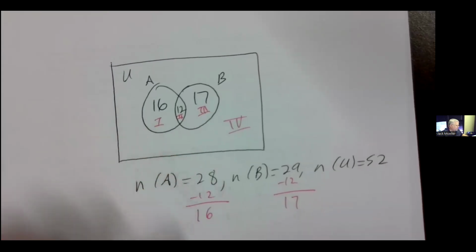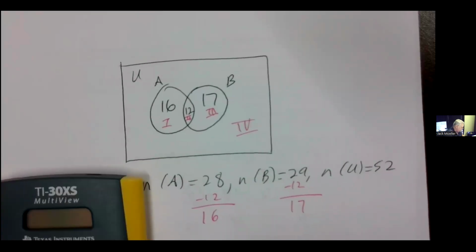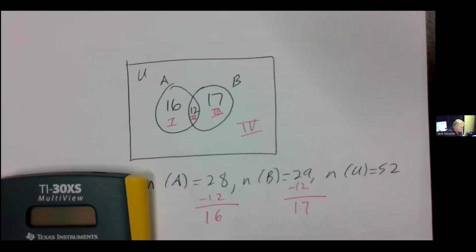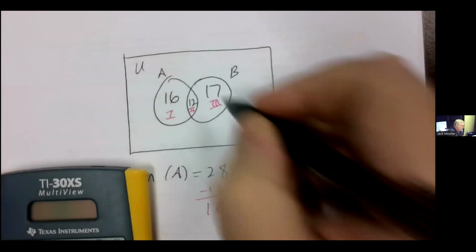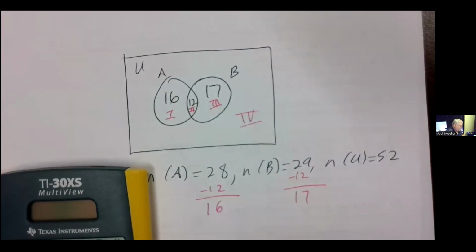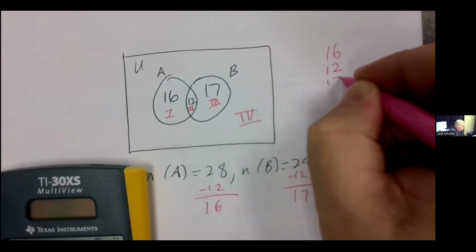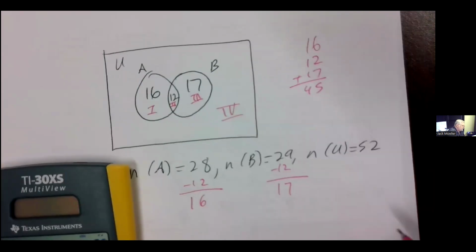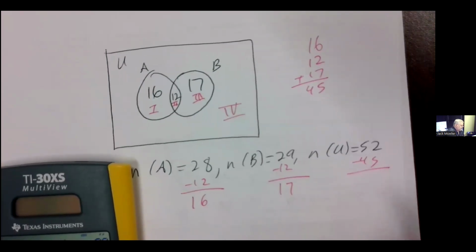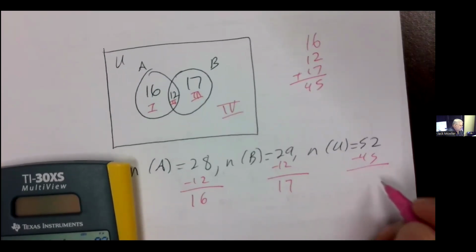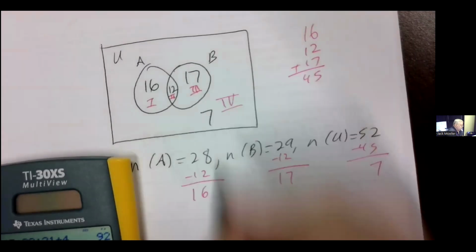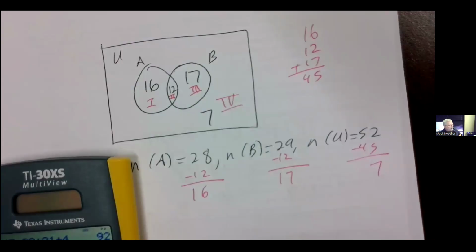So how many people have we accounted for? 16 plus 12 plus 17 is 45. So there's 45 already. So what we do is subtract those 45 from the 52. That leaves us with 7. So that 7 goes on the outside.